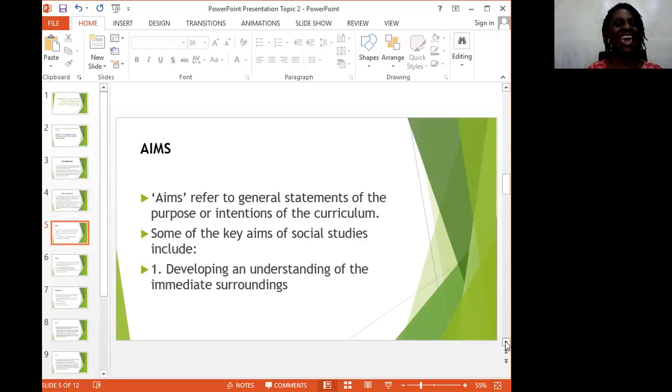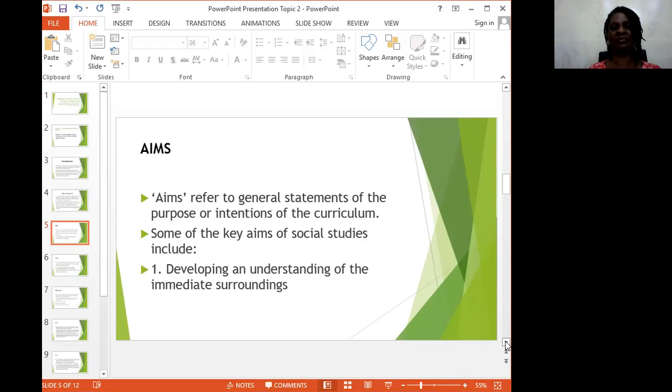Remember, I said again that aims refers to general statements of the purpose and the intention of drawing up that curriculum. So we're going to talk about some key aims of social studies. Remember, I said key, not all, but the important aims of social studies.